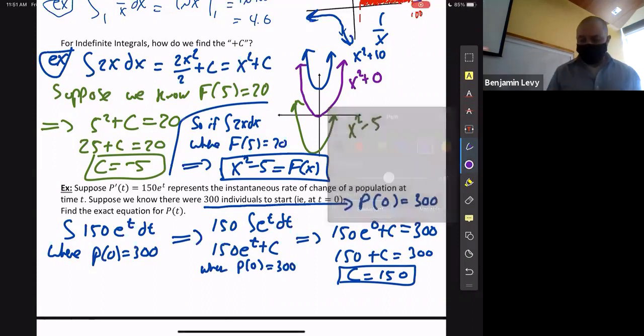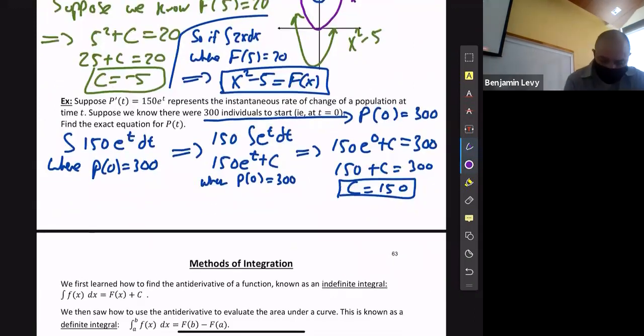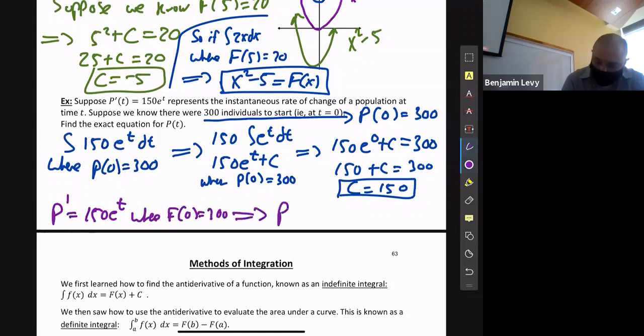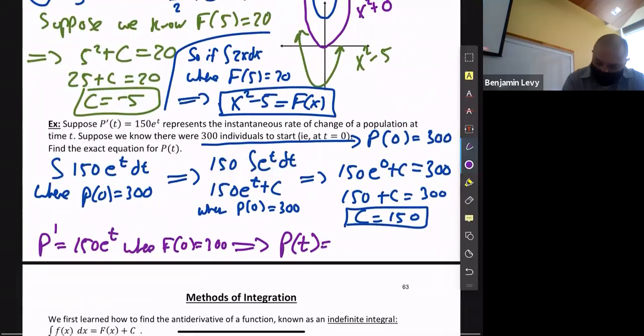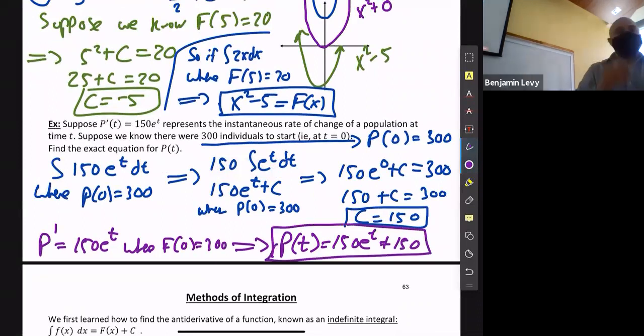I think it's really important to write that down. Let me summarize what we just did. We had P prime, and we knew something about the function, and then we ended up getting the actual P. And that's super valuable because if we wanted to know what the population is down the road, that's usually what we care about.